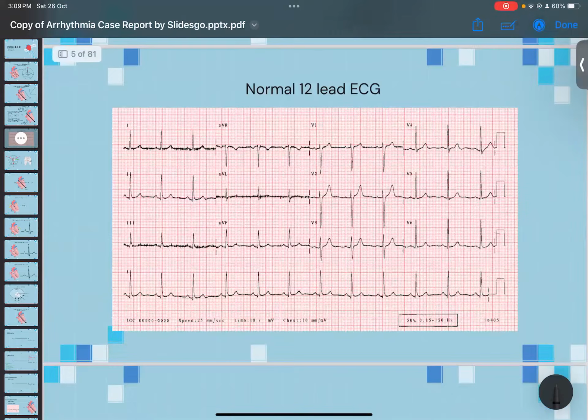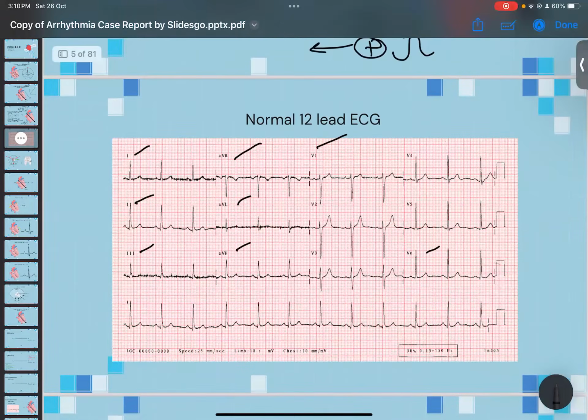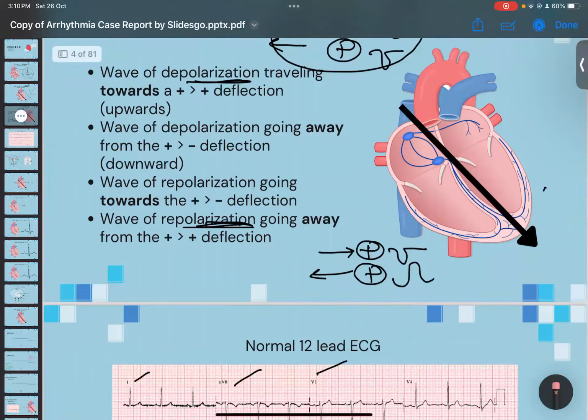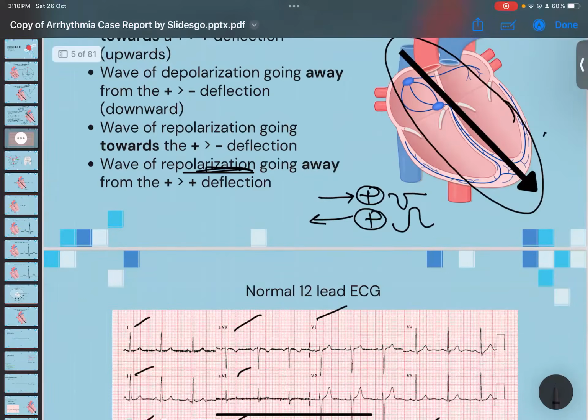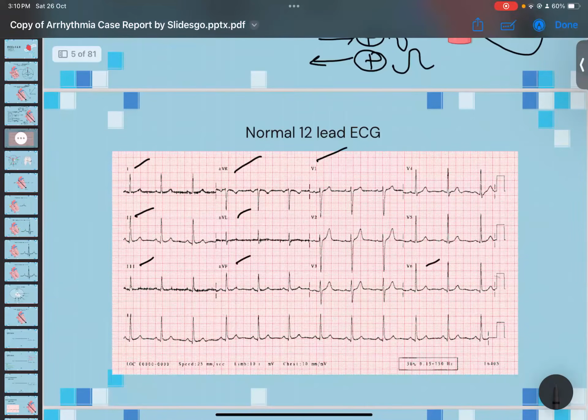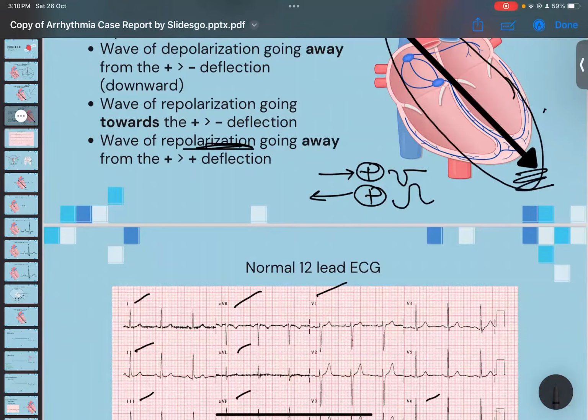As you can see, you have leads 1, 2, 3, aVR, aVL, aVF, the augmented leads, and then the precordial leads from V1 to V6. When I said this is a summation vector of all the electrical activity happening in your heart, I mean that each of these leads is going to depict this particular vector.